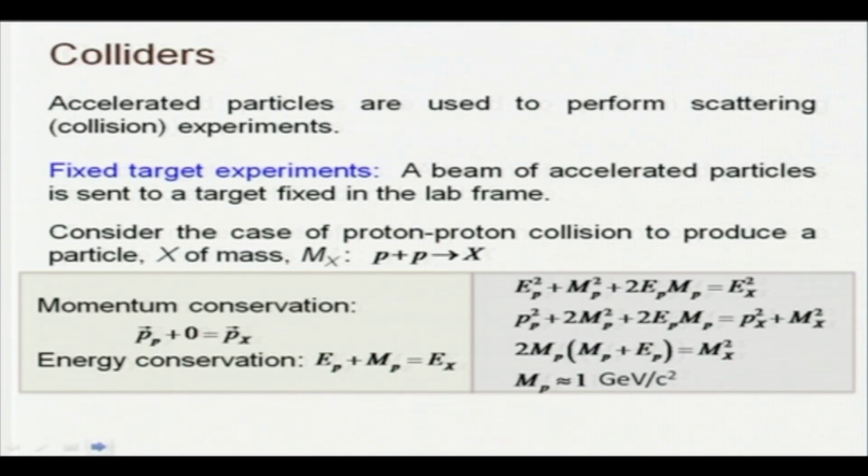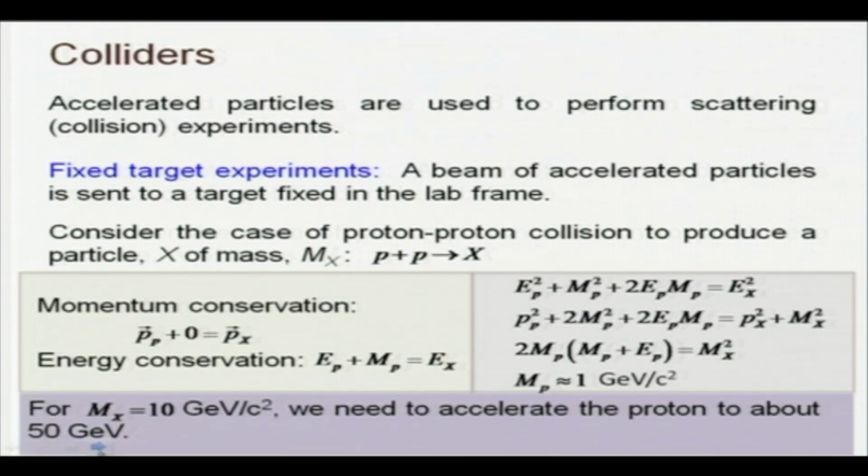If we put Mp equal to 1, you will immediately see that Mx square is 2 times (Ep plus 1). Let us say we have some theoretical model which suggests that when you collide a proton and a proton, you can produce a particle of mass, say, 10 GeV.